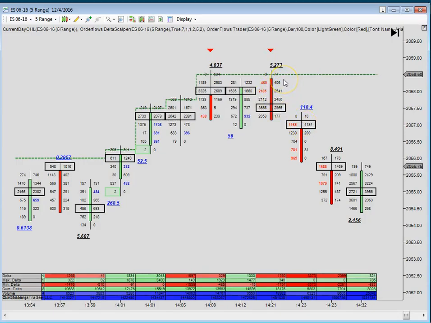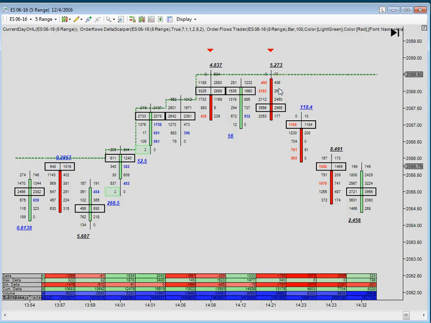Now, this one is a little bit more interesting. You have a divergence but no ratio. In this case, you have a ratio immediately after it. Even though you don't have a ratio right on this bar, sometimes it's just due to the fact that you can only trade what the market gives you.